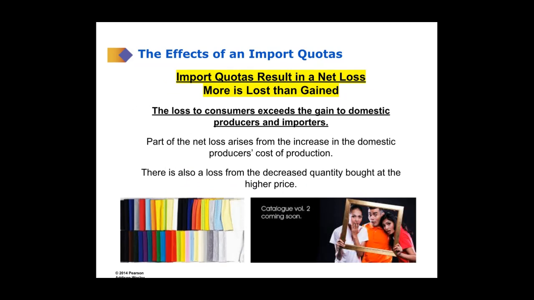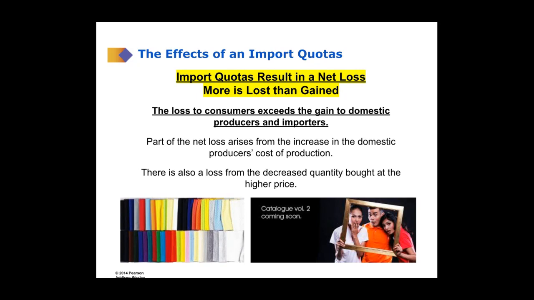Now, with import quotas, what's the net effect of all this? Well, again, it's the same. The net effect is a loss. More is lost by consumers than is gained by producers. And in each of these situations, with the tariffs or with the import quotas, part of the reason for this net loss is you're upsetting the balance of production.